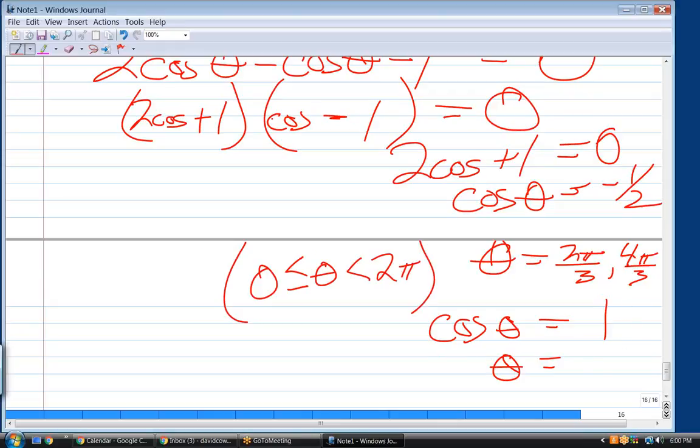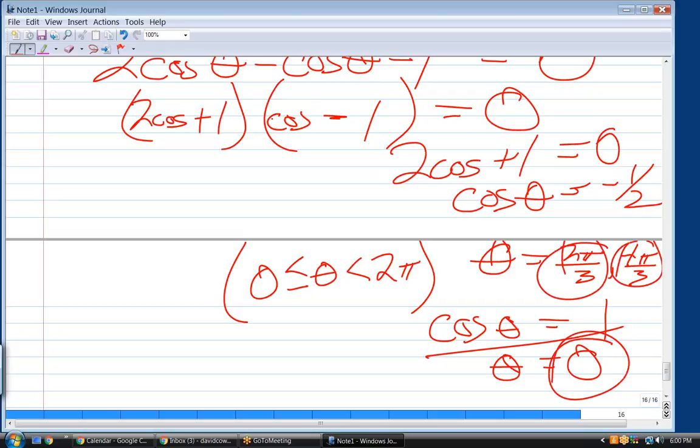Yeah, so 2 pi is never in the solution, but 0 is. Okay. You're right. 0 and 2 pi would both satisfy that equation. But 2 pi is not actually in the domain. So just 0. So there are 3 solutions, that one, and that one.